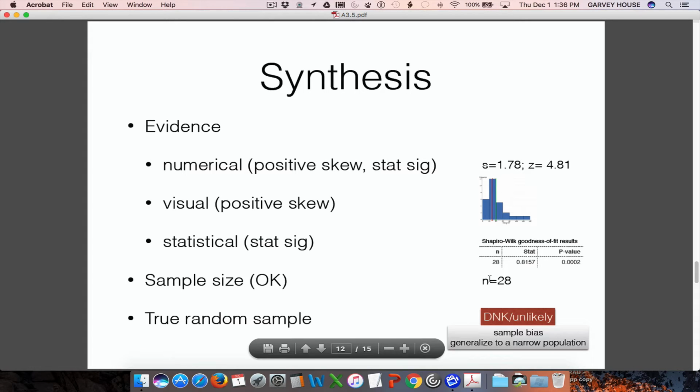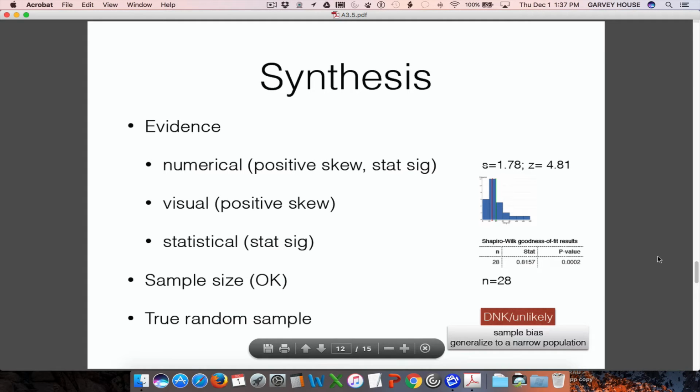Also, you want to take into consideration the sample size, and an N of 28 is probably a decent sample size, and I think in module 7 or so you're going to compute a power analysis, and that's going to let you know how big a sample you're going to need to take. Well, one of the unknowns is, was this a true random sample?